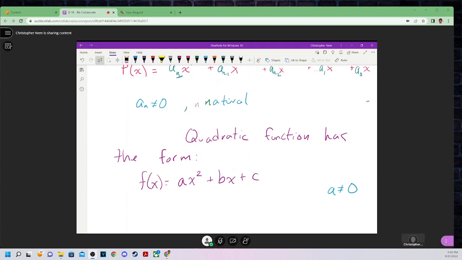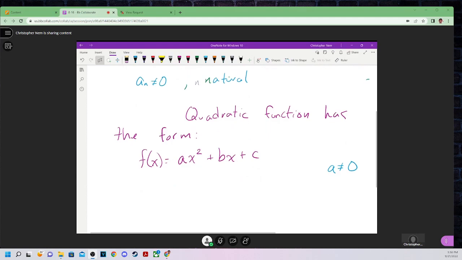This time I can use different letters because there are only 3 coefficients. If there were more than 26 coefficients, I'd have to use a sub n minus 1, but that's confusing for students seeing subscripts like that. So I'm just going to use 3 different letters instead of saying a sub 3, a sub 2, a sub 1. You can do it that way, I'm just not going to do it right now. So we're just going to say a is not equal to 0.